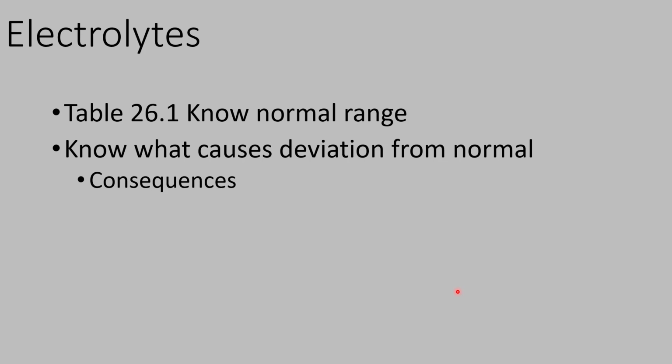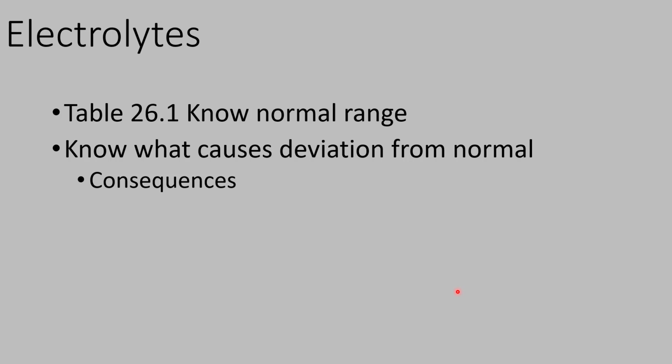So, part of what is in this chapter is electrolytes. You do need to know table 26.1. We are not going to devote lecture time to it, but you do need to know that table. It's a pretty good sized table. What you need to know is the normal range for those electrolytes.